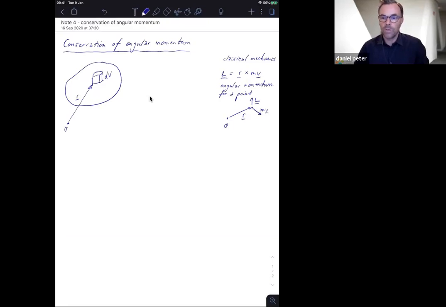So what we do in continuum mechanics is just define it the same way. But you see, mass always becomes this integral over the volume. So this body has here a volume V, which can change with time. And what we want to look at is the total angular momentum.